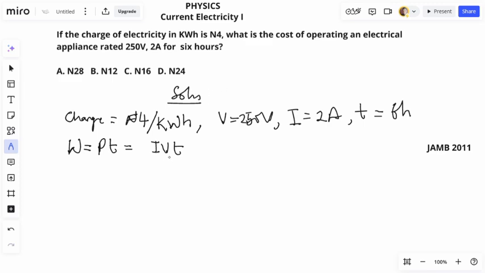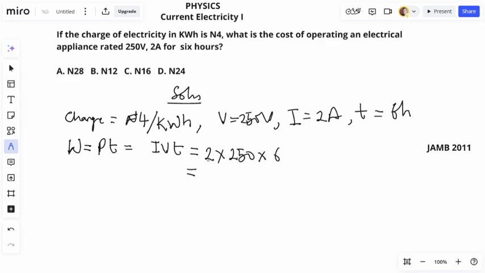Okay, so we proceed. So we are going to substitute. Our current is 2 times our voltage is 250. And then our time is what? 6 hours.